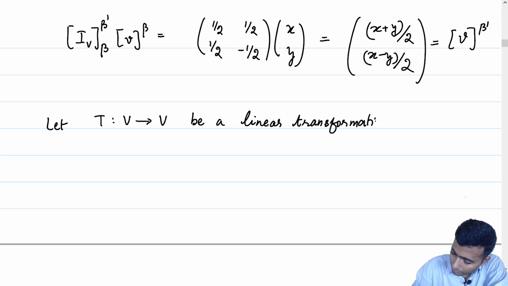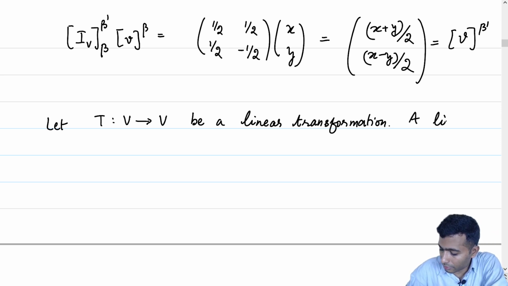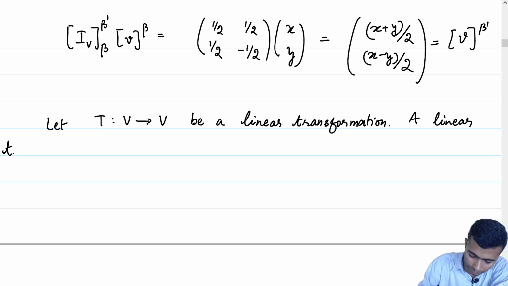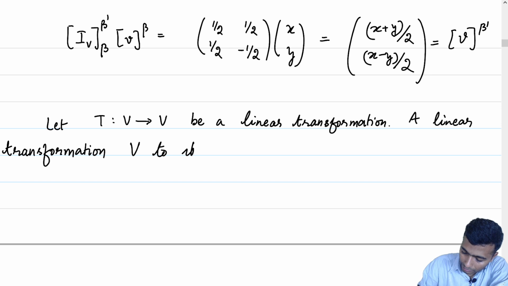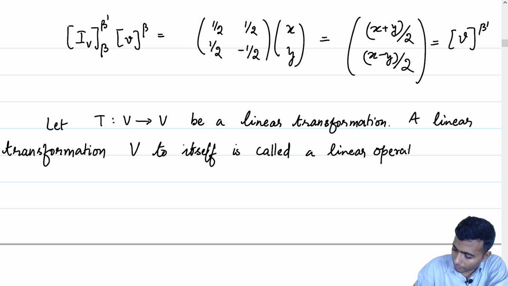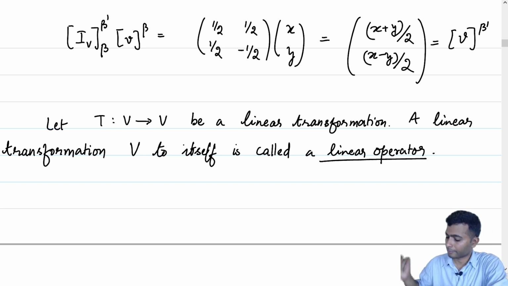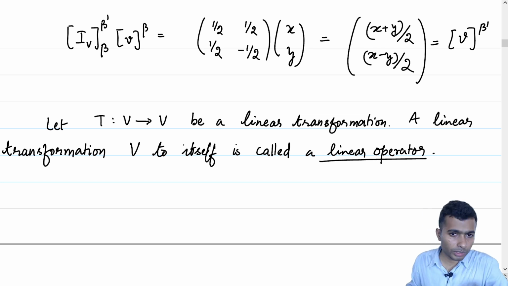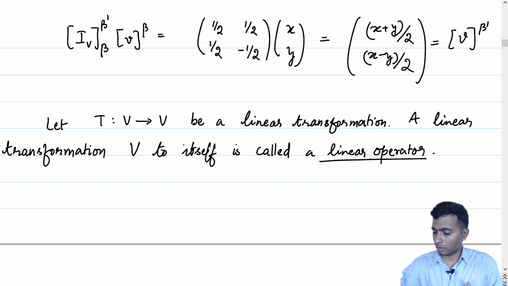A linear transformation from V to itself is called a linear operator. So, let us look at how the matrix of a linear operator changes when we change the ordered basis with respect to which we are looking at the matrix.